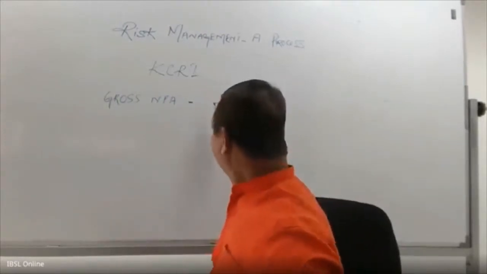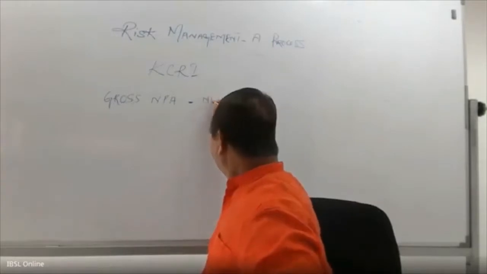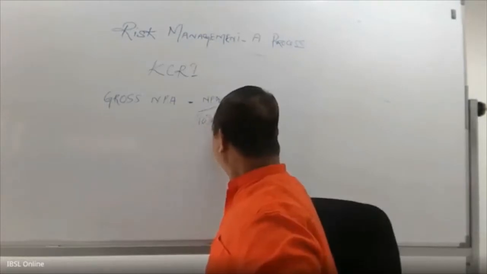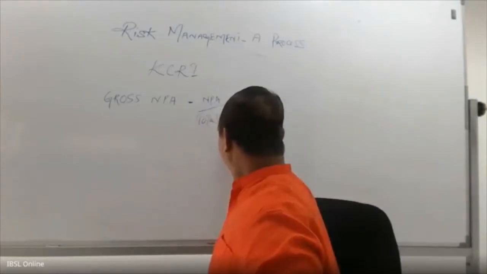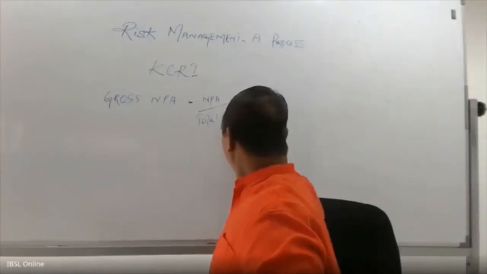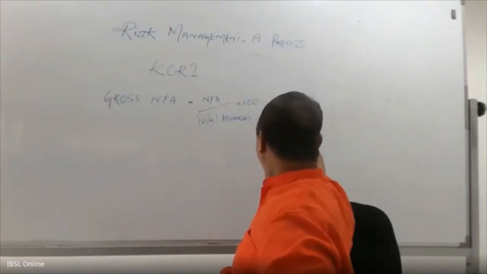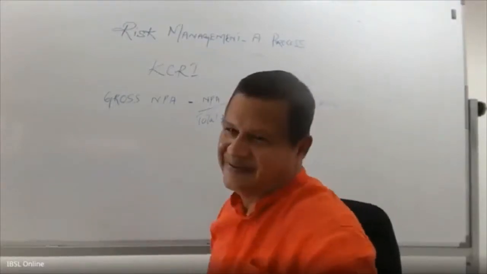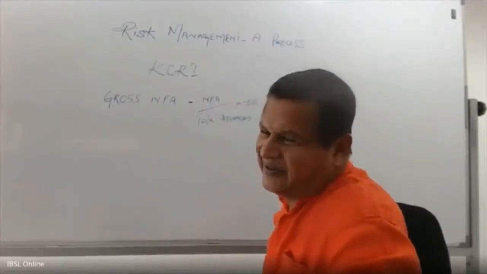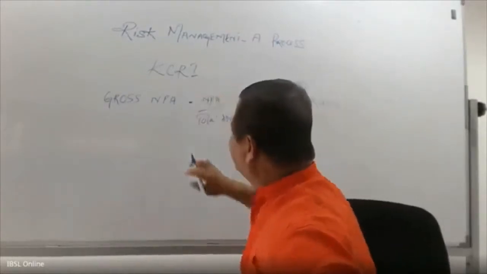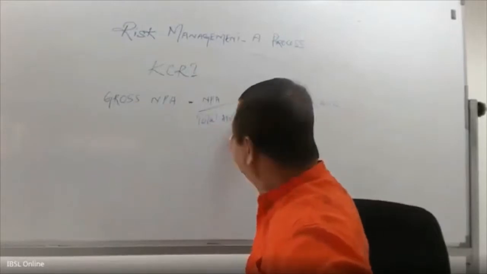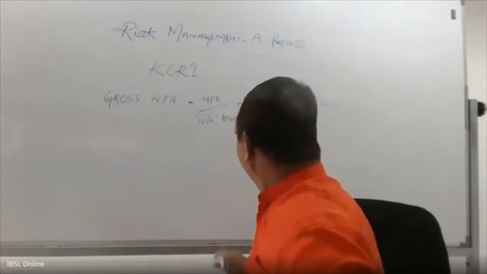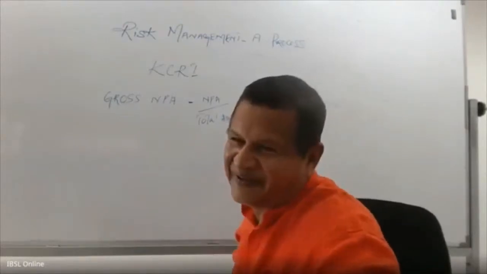Now, the NPA ratio is total non-performing advances divided by total advances into 100. Say your bank has 100 billion in loans, and 5 billion are non-performing advances. So we say your non-performing ratio is 5%.